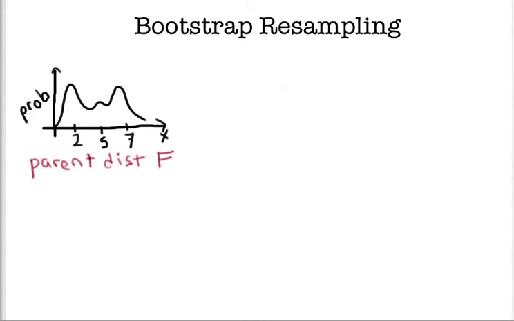In this video, I'll be discussing a statistical technique known as bootstrap resampling, which is a method that allows us to assign or measure the error in a statistic that we've computed from a sample distribution.